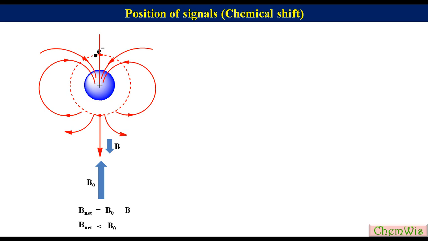Or we can also say that precessional frequency of this proton will be less than a naked proton. Therefore, it will resonate at a lower value of radio frequency compared to a naked proton. Thus, protons in a molecule having slightly different electronic environment will resonate at different radio frequencies.